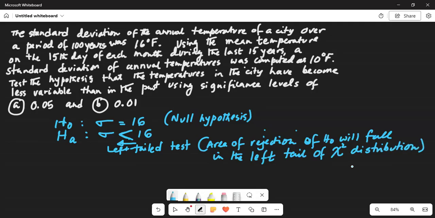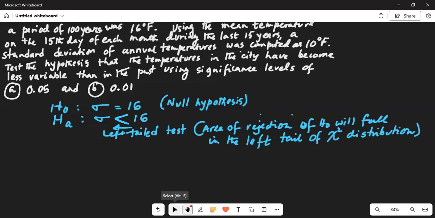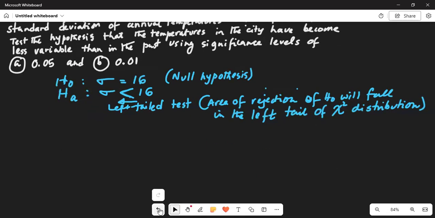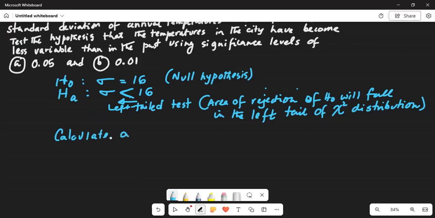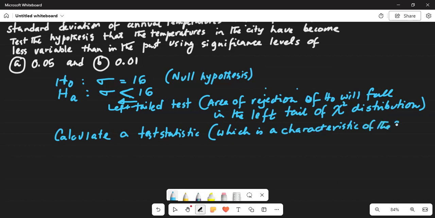Okay. So first we have to calculate a test statistic. So what is a test statistic? It's a characteristic of the sample which we have gathered.